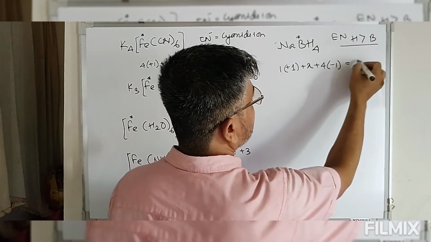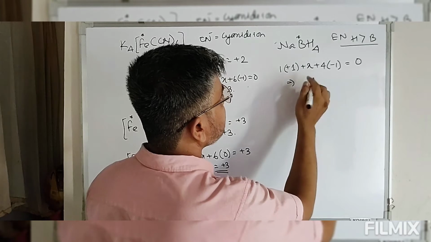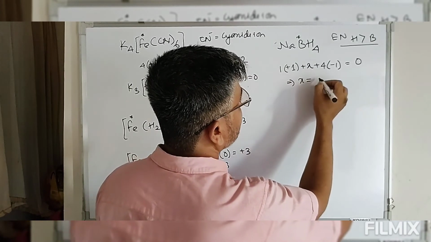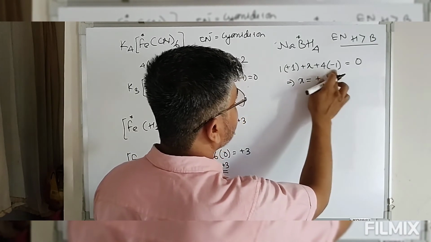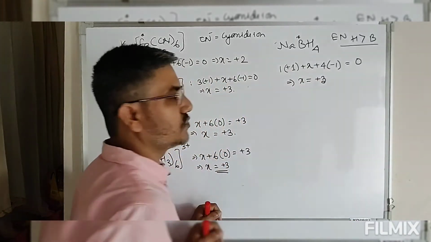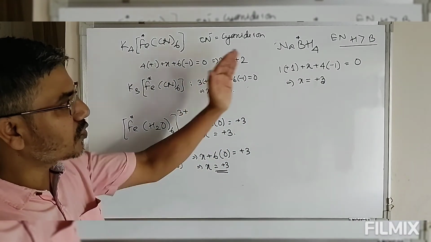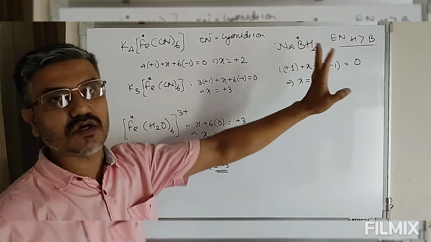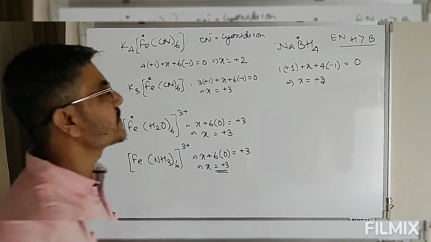So total charge is equal to 0. Therefore x is equal to minus 4 plus 1, which is 3. So this is plus 3. In sodium borohydride, boron is in plus 3 oxidation state.